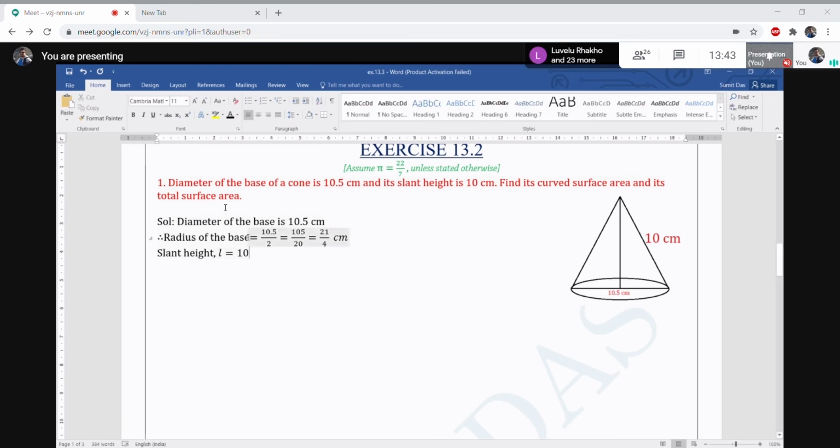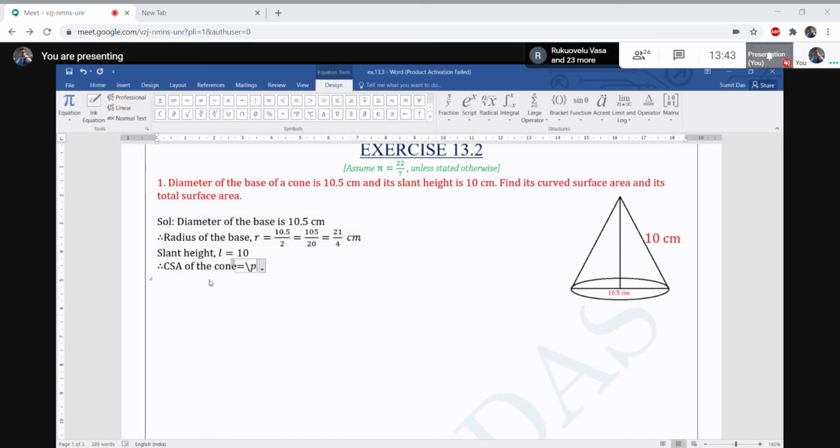Curved surface area formula is: therefore CSA of the cone is equal to pi r l.